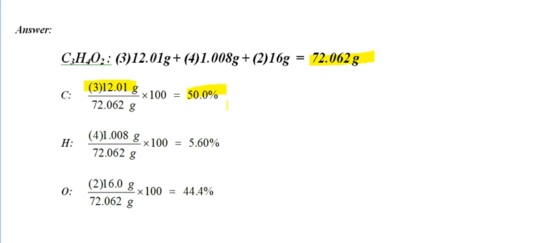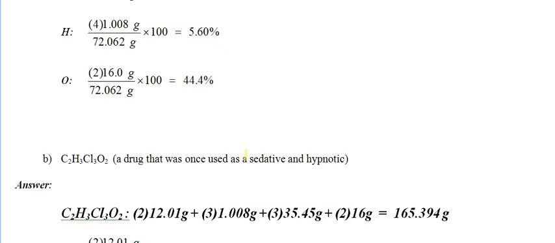I'm rounding here to 1 decimal place. Hydrogen, doing the same thing, is around 5.6, and the oxygen is around 44.4. If I do my math correctly, these should add up to 100%. I may be off by a 100th or so, hopefully not by a 10th, but I could be.